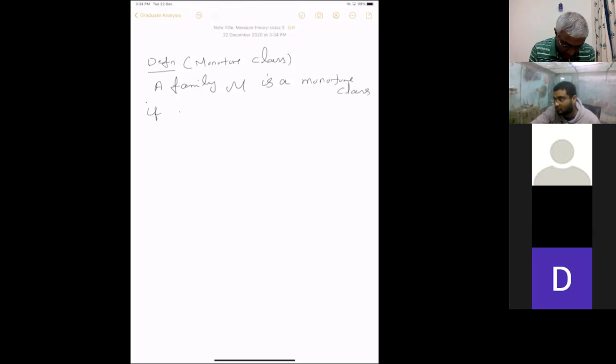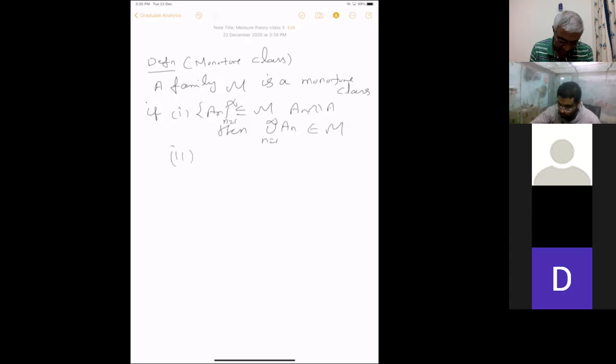It is closed under increasing union and closed under decreasing intersection. That's all. So if you have A_n, a collection contained in M, and A_n increasing to A, then the union of A_n, n equal to 1 to infinity, is also in M.